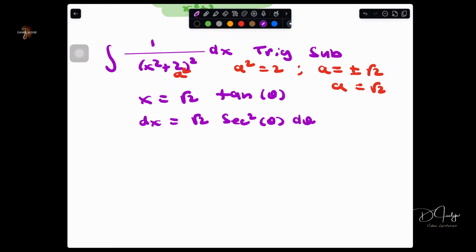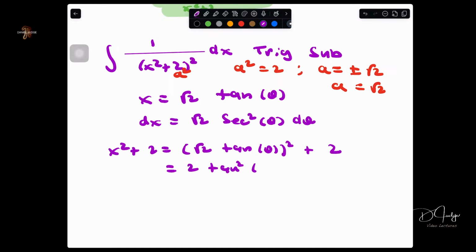All right, and then if we ask, what is x squared plus 2? Well, that will be the square root of 2 tangent theta squared plus 2, which becomes 2 tangent squared theta plus 2.